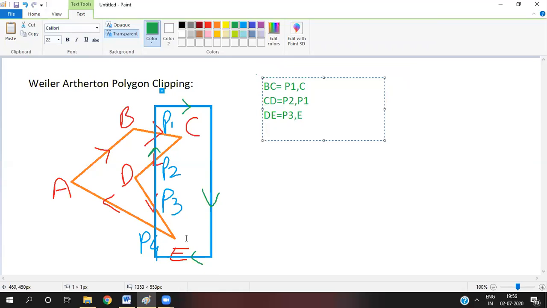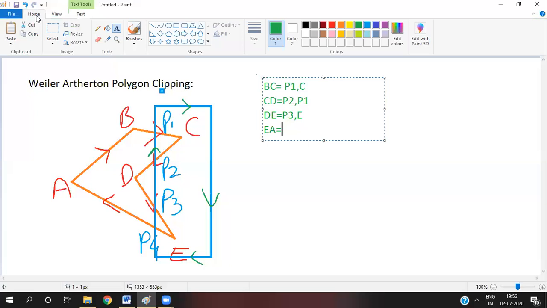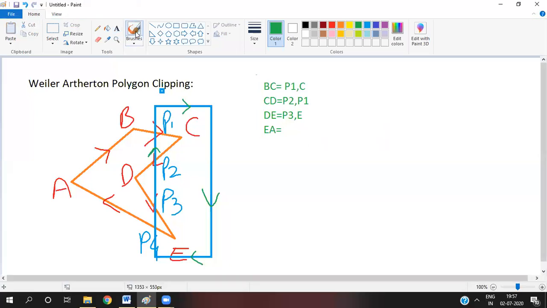For line EA or AE. Okay, EA. What we need to do over here: moving from inside to outside. Say EA, we are moving from inside to outside. So what are you going to save? In this case, again follow the polygon boundary, according to the clockwise direction.